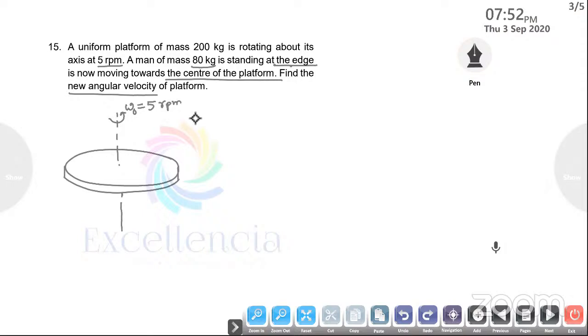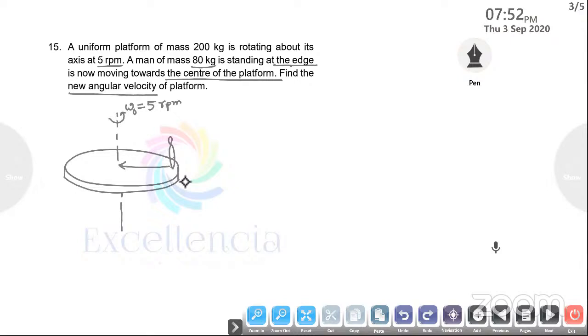Now there is a person, and this fellow is standing at the edge of the circular platform. Now he is moving towards the center of the platform, along the radius of the platform.